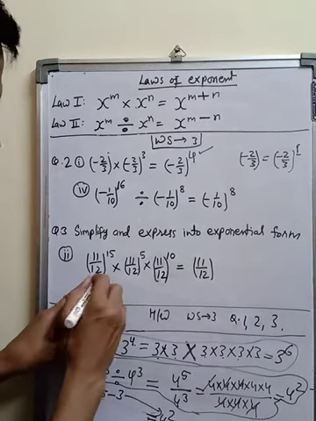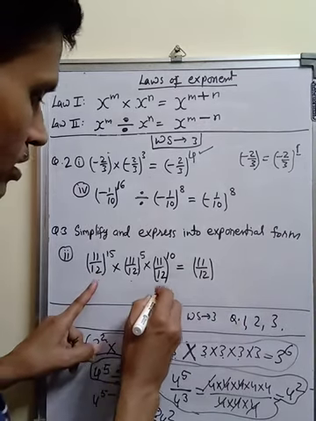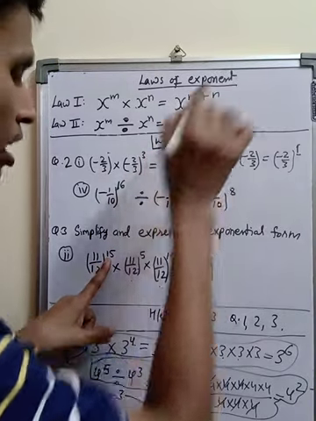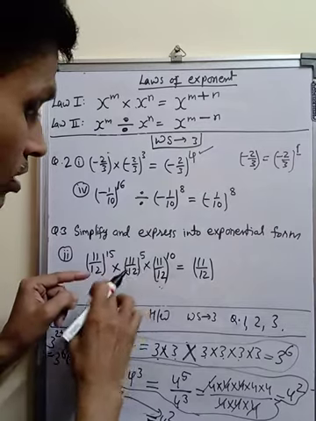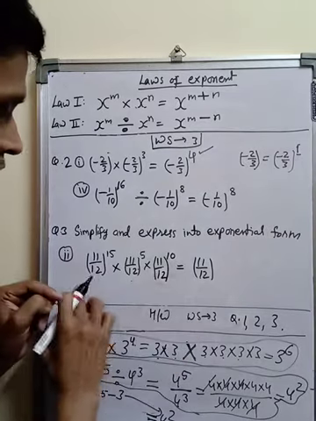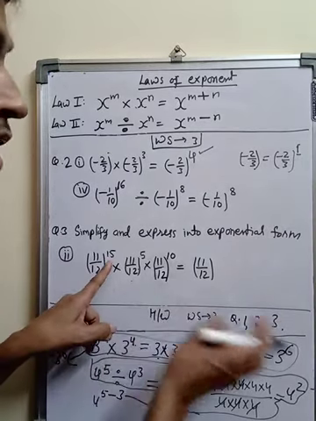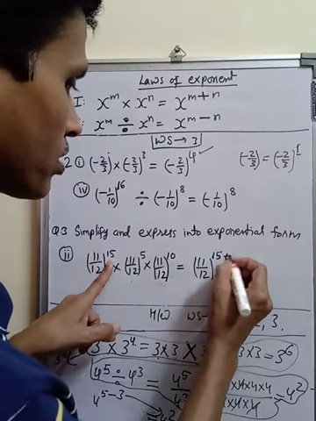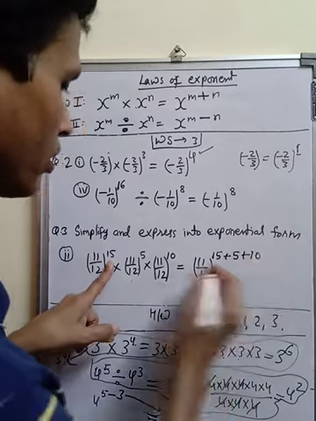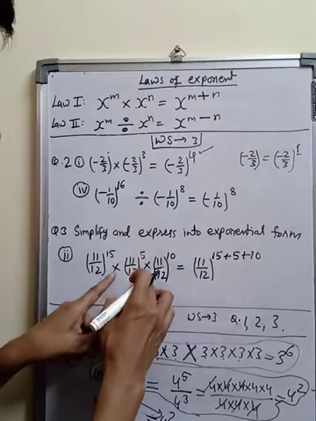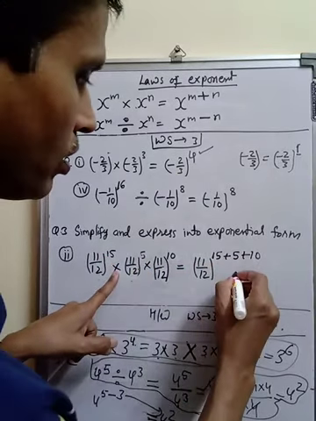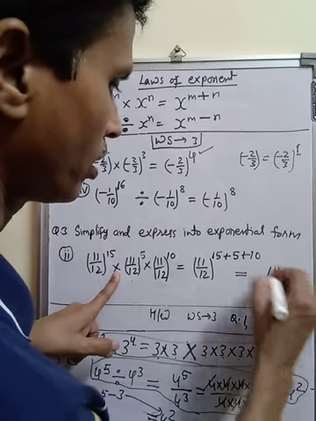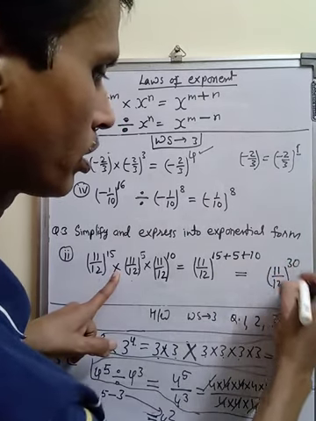Now simplify and express in exponential form. Question number 3 means we have to solve and write the answer in exponential form. Think over this. This is an incomplete portion, I have not completed it. Bases are same, you can see all the bases are same. So what is the law? We can add their powers if the bases are same. There are three numbers in which all the bases are same, so we will add all their powers.